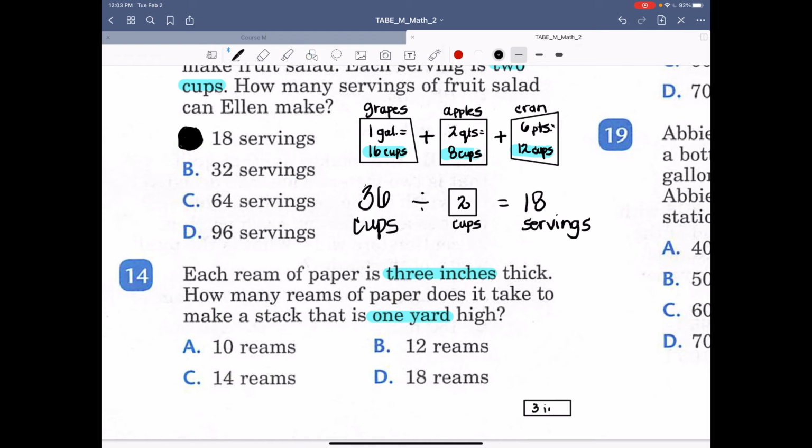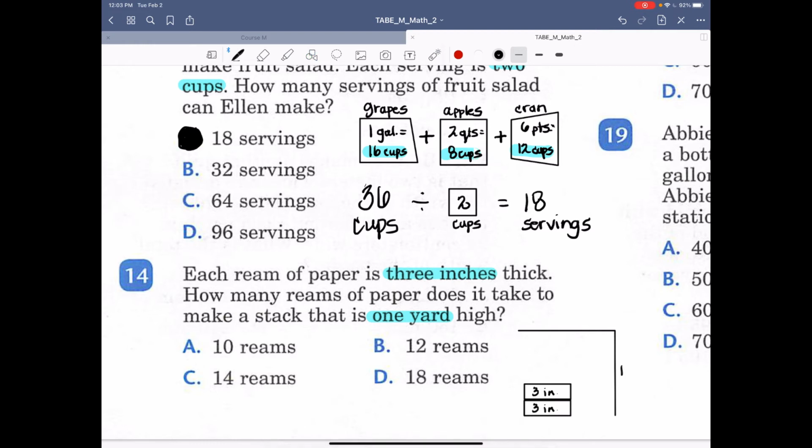It's 3 inches tall. And I want to stack those. Let's just get the idea. I'm not going to draw all these. I want to know how many of those it takes to be 1 yard tall.